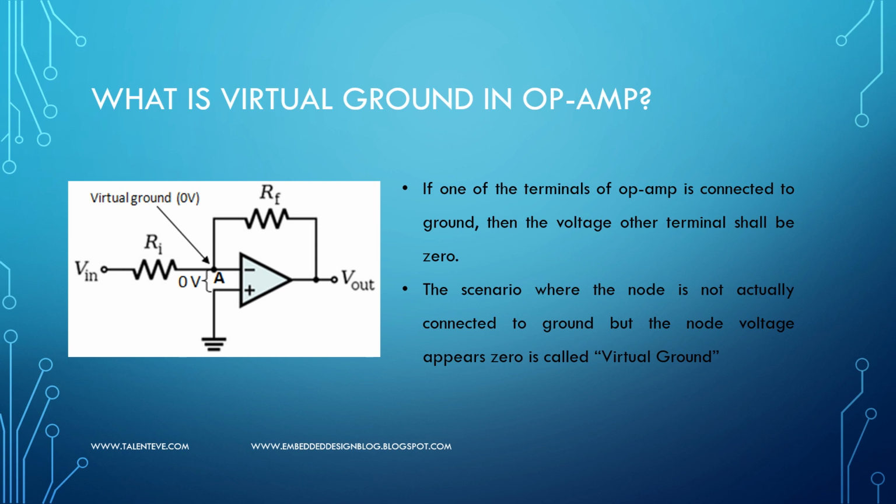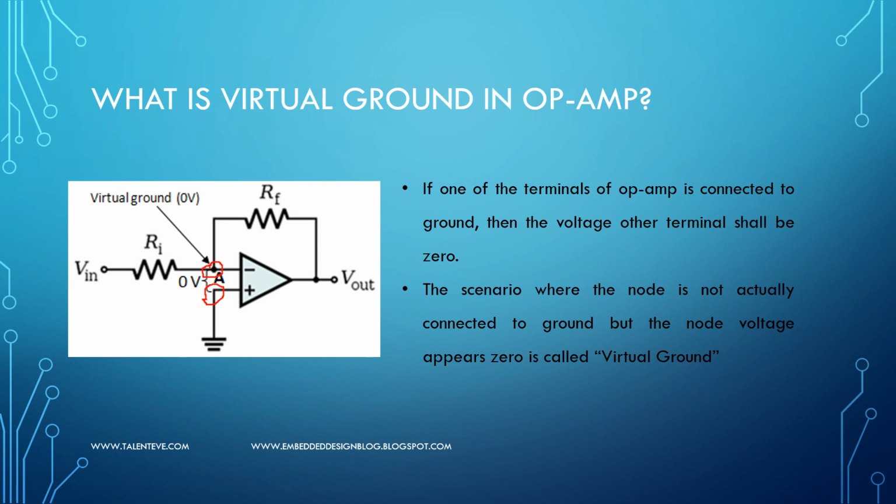So if you see here, this is one of the op amp configurations. We'll discuss this configuration later, but if you see here, one of the terminals is grounded. Now when this terminal is grounded, the other terminal also tries to see the same ground.